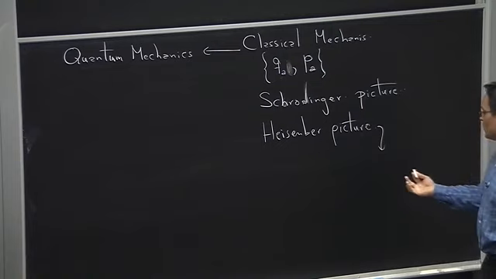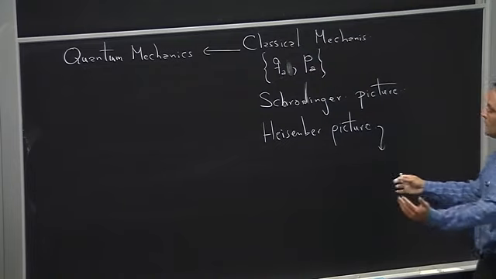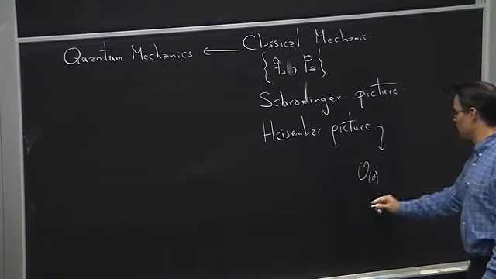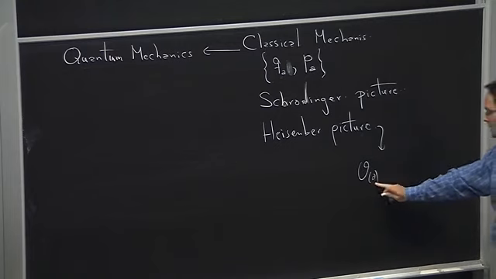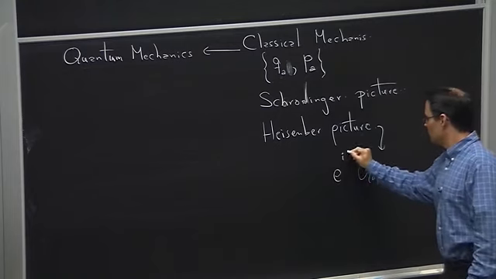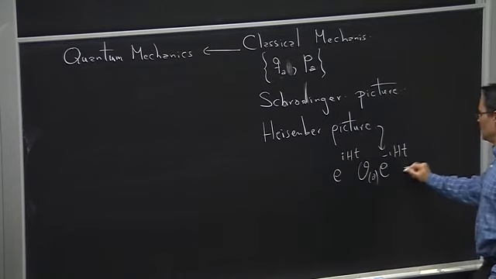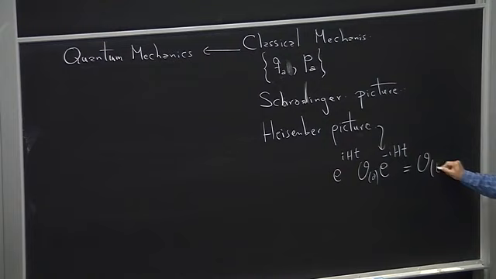And how do you get operators to depend on time? Well, the time evolution is given by, if you have an operator, you can think about this operator as given at some time 0, and then you induce the time dependence by acting on it with the Hamiltonian of the theory.